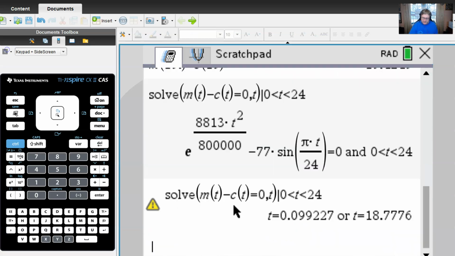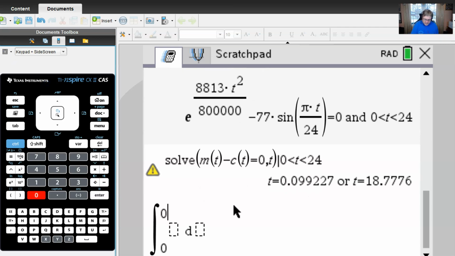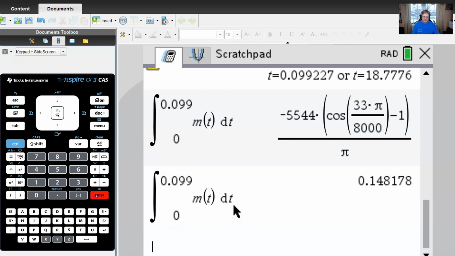And I'll return to my scratch pad and I use my shift plus 0 to 0.099 of m of t. It's all stored and remembered for me. And I get an answer of ugly. Control enter gives me pretty. And I have 0.148. Boy, that's not many students, right? That's not even a full student yet.